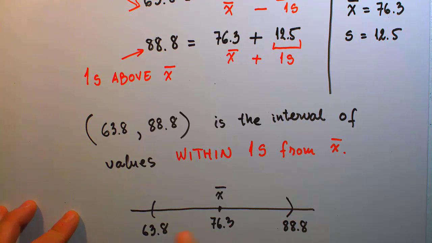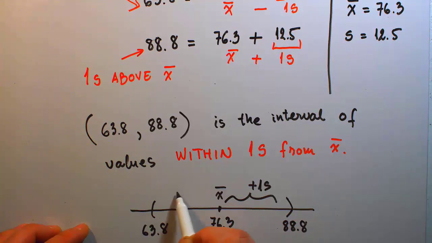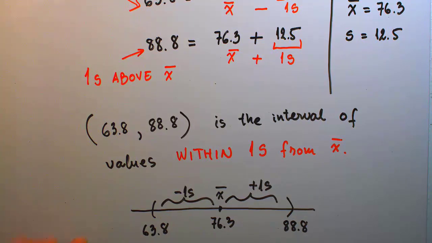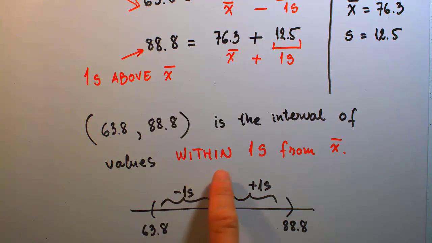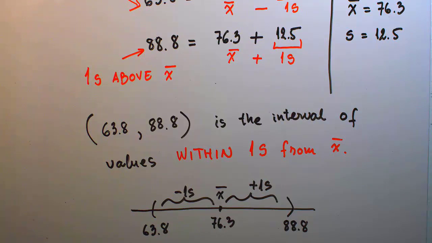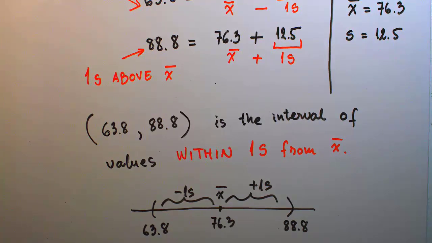But from the beginning to the end, anywhere we are inside that interval, the values are within one standard deviation away. Because this is one standard deviation above, and this is one standard deviation below. That's what I meant by the interval from 63.8 to 88.8 being the interval of values within one standard deviation from the mean. And for short, I can just call it the interval within one standard deviation from the mean.